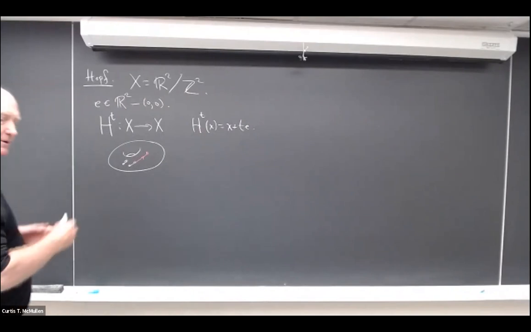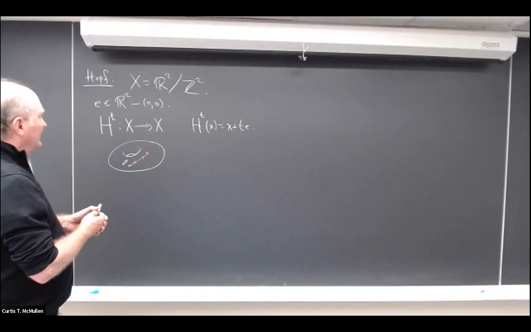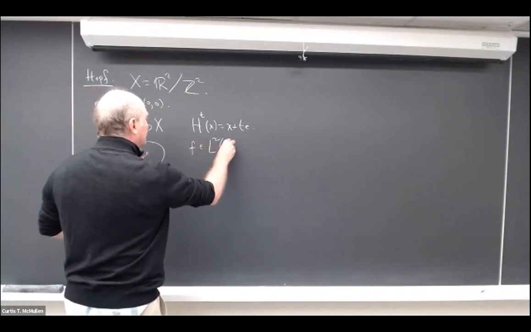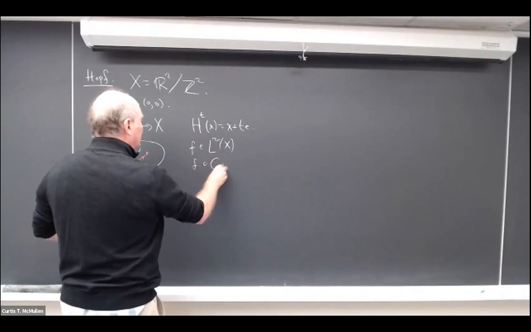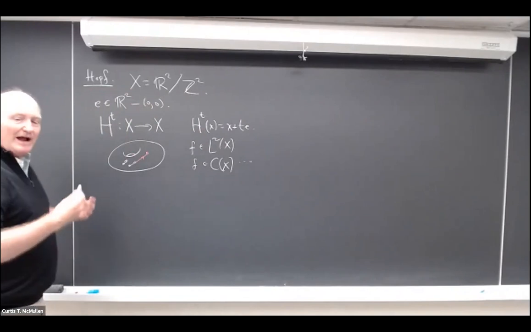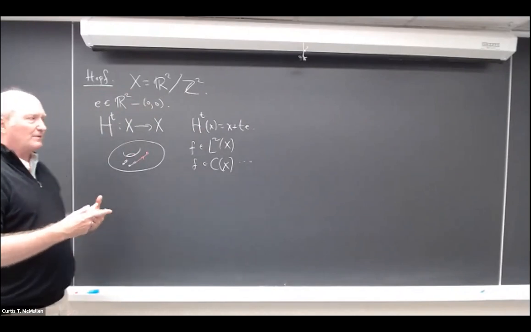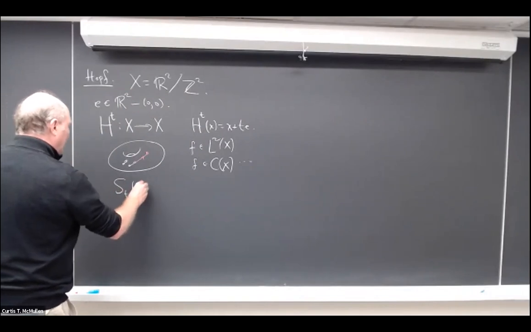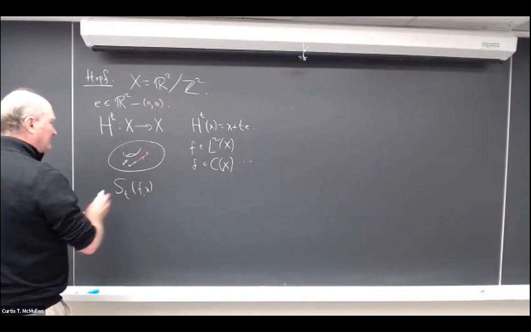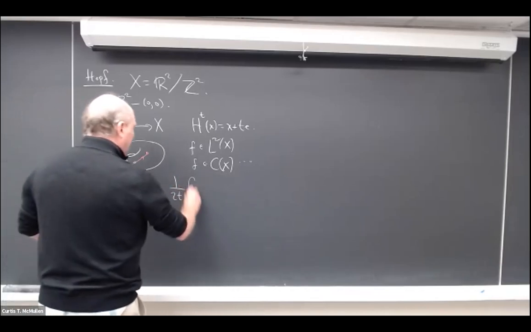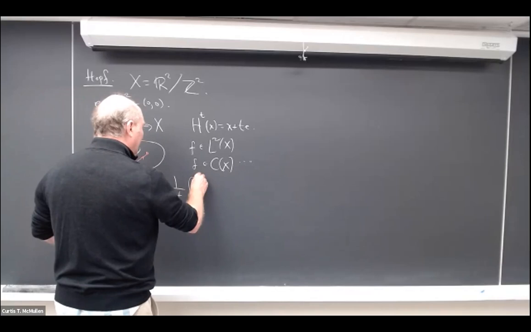And when we're studying flows like this, if we have, say, a function f in L2 of the torus, or a function f that's continuous on the torus, etc., then to do averaging, we have to do integrals rather than sums. So the corresponding averaging operator, S_t f(x), is obtained by flowing forward and back for time t, and then integrating the result.